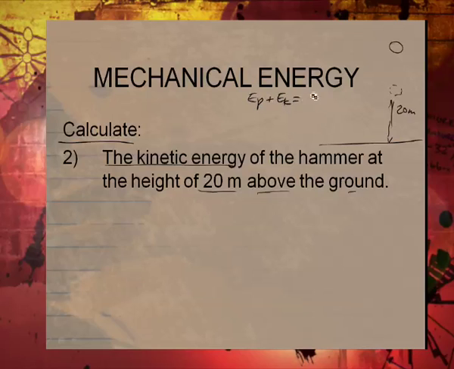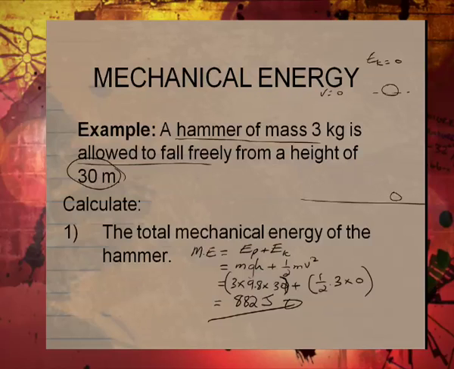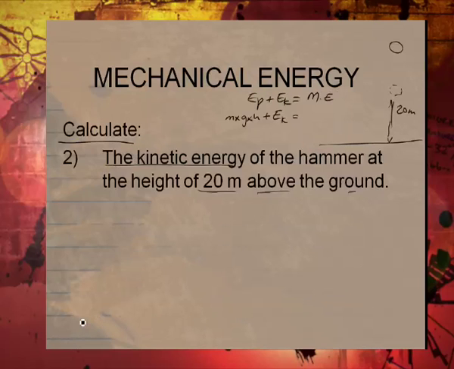None of them is 0, but together they should give us the mechanical energy. Because I've got the height, I can calculate the EP of the hammer at that point. So mass times g times height plus EK should be equal to the total mechanical energy, which doesn't change.